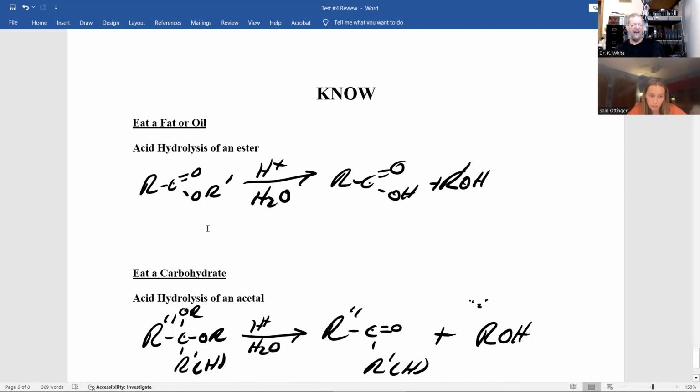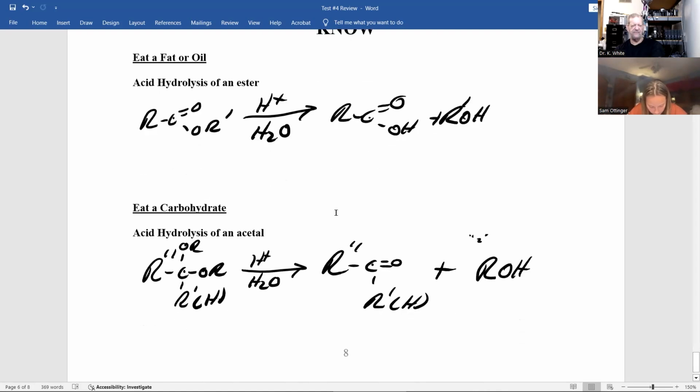The general reaction you learned for test 3: ester, acid, and water, you get back the carboxylic acid plus the alcohol you would have used to make that ester. So you should know when you eat a fat or oil, that's acid hydrolysis of an ester.